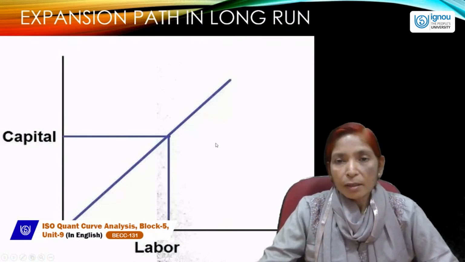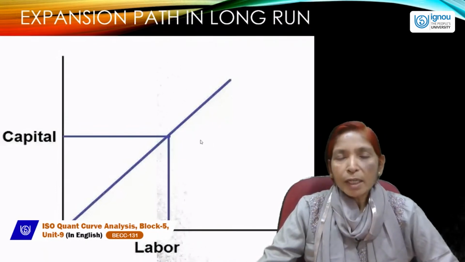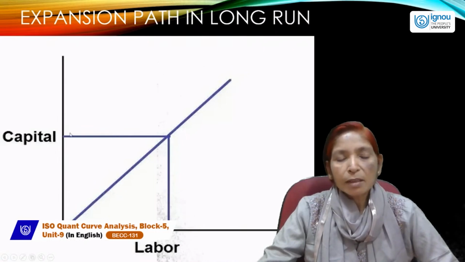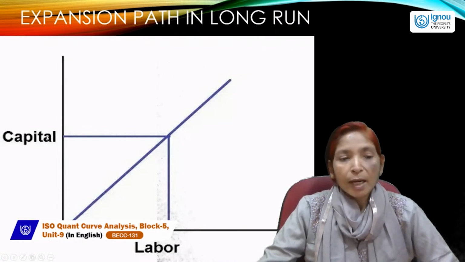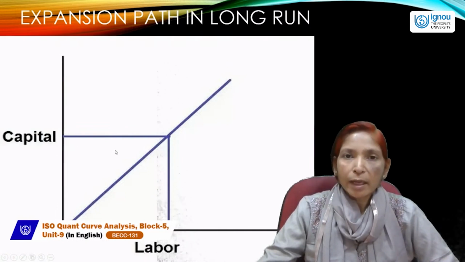But in the short run, we know that the fixed factor always remains fixed. Only variable factor units can change in the short run. So in the short run, the expansion path will be a horizontal line, because we have taken capital on the y-axis, and in the short period capital will remain constant. Only labor units can increase.